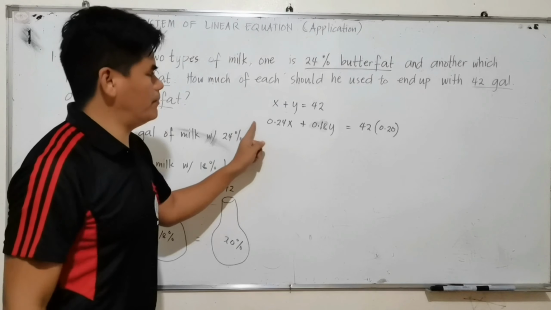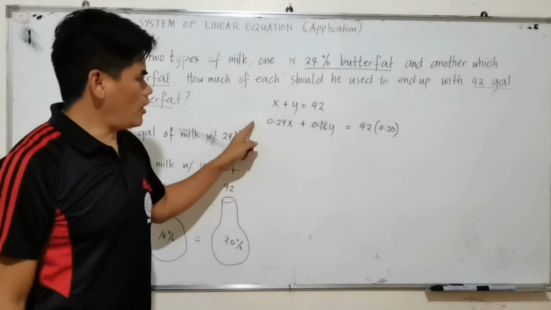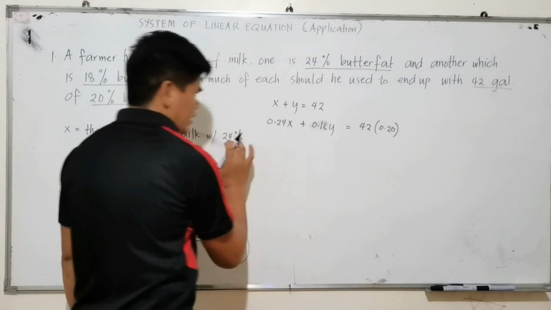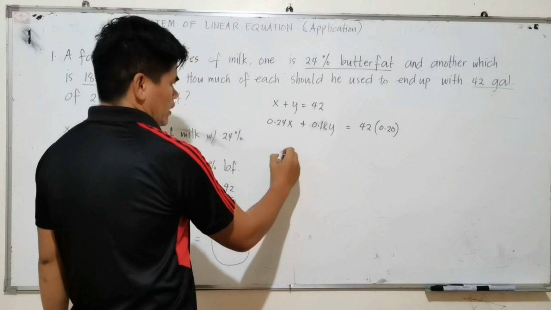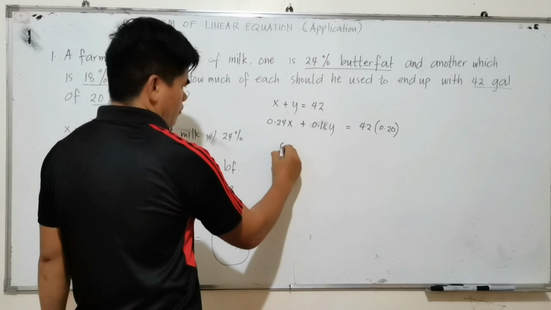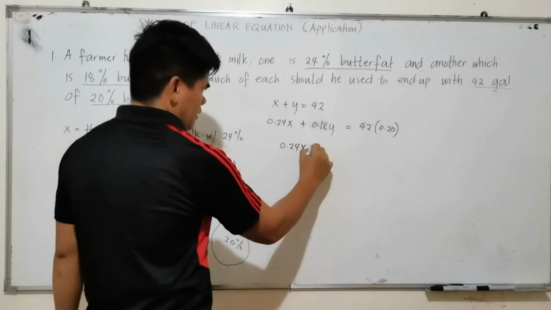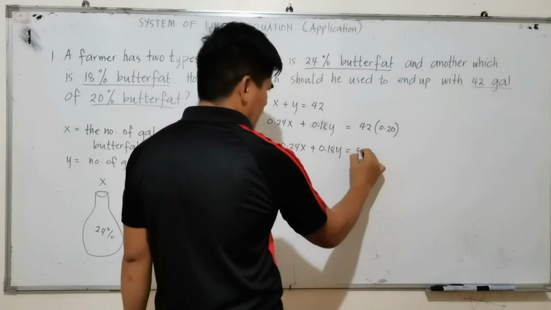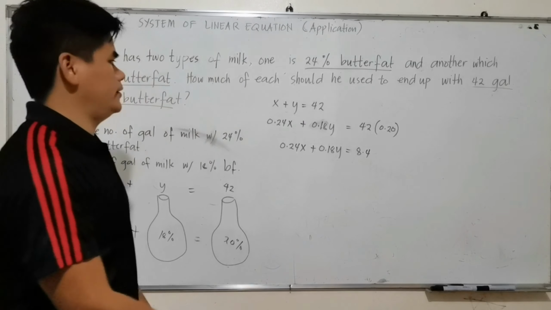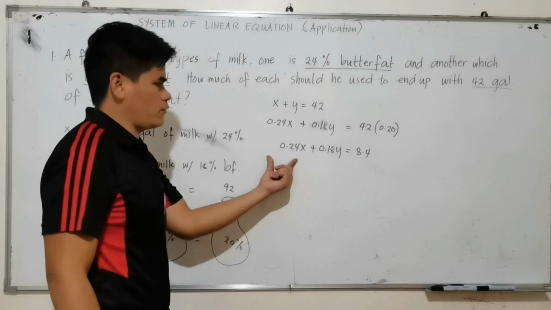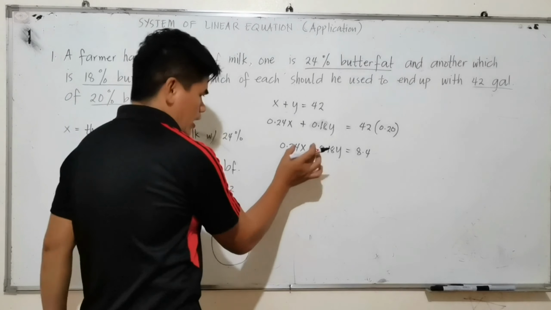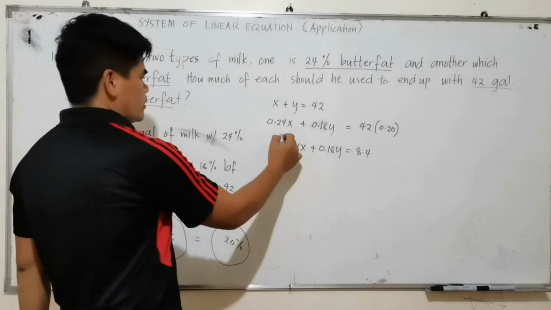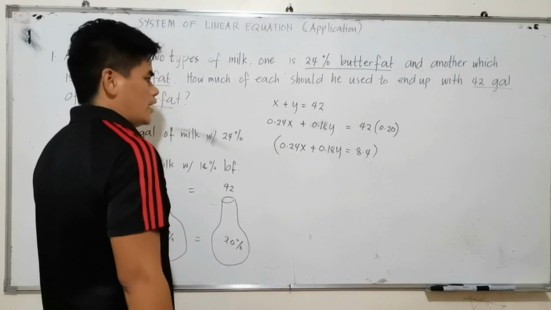This will be the basis for our second equation. So we will have 0.24x plus 0.18y is equal to 8.4. This is our second equation, but to make it easier, I will make this equation whole numbers.